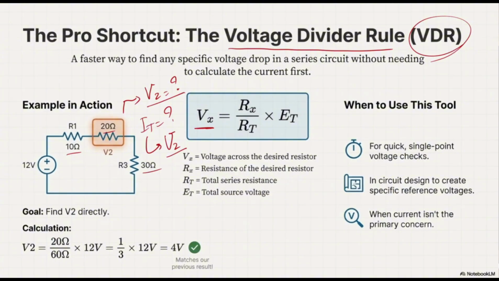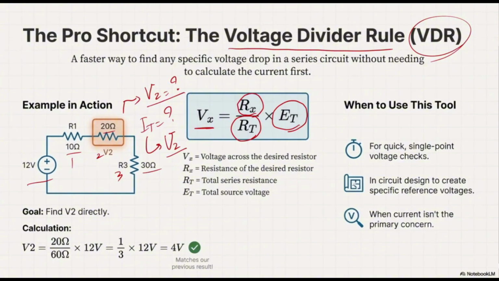Guys, still we're talking about the series. The Vx, that x could be any number, 1, 2, 3. Vx, or the voltage drop for a specific component, is going to be the amount of resistance that you have for that specific component divided by R total, or the total amount of resistance that you have, multiplied by ET. ET is our voltage source, 12 volts.